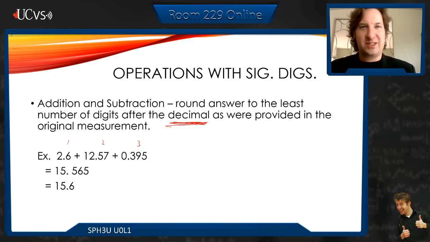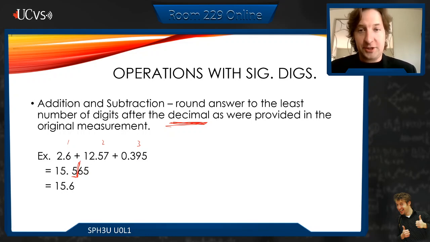I don't know if it's 2.61 or 2.57. I don't have enough measurement data in that first number. That's my limiting measurement, so I have to round it to 1 decimal place. So I round it at the 5, and I see that the 6 is greater than 5, so I round the 5 up to a 6. So my final answer will be 15.6.